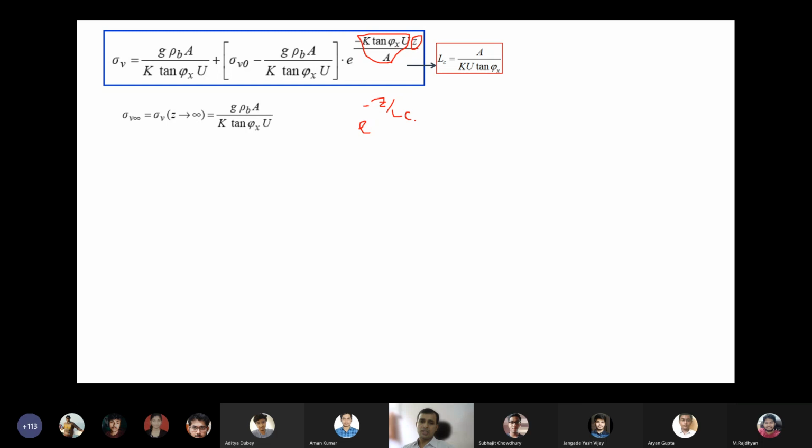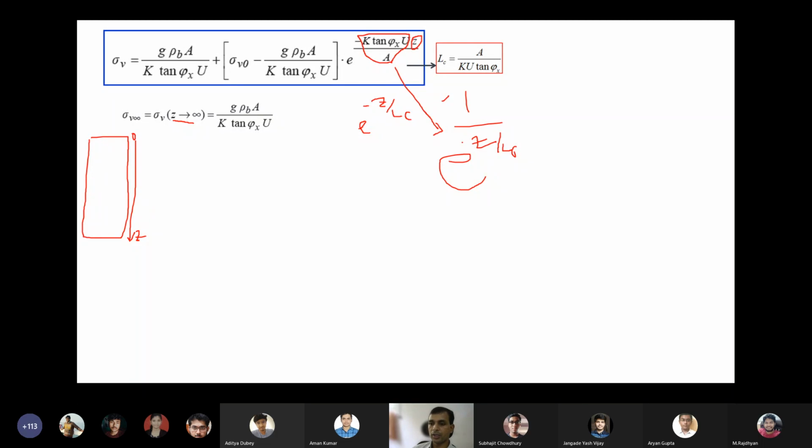So let's say Z is a very big value. If the silo height is very big and you take Z as infinite, this expression will be 1 over e to the power of Z by LC.